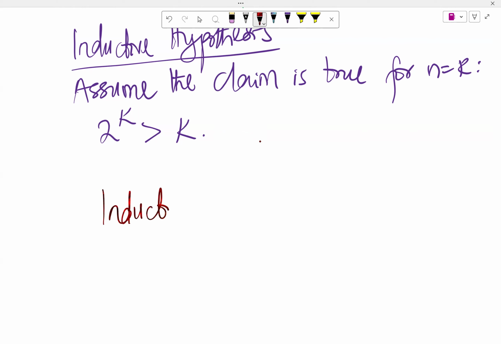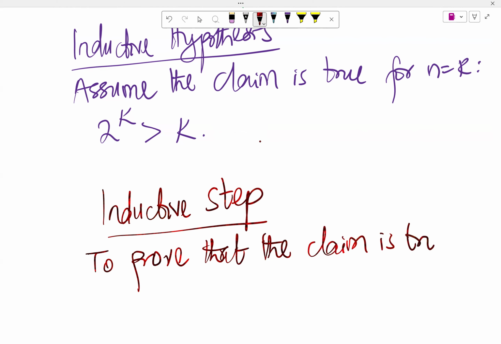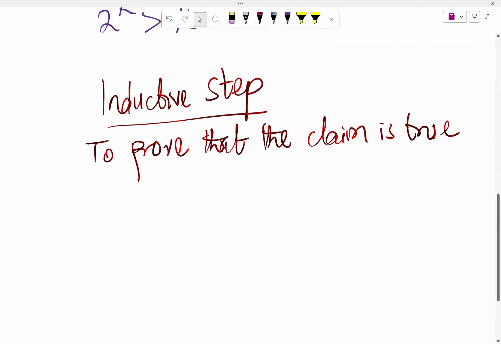The inductive step. This is where you prove. So you want to prove that the claim is true for n equals k plus 1.